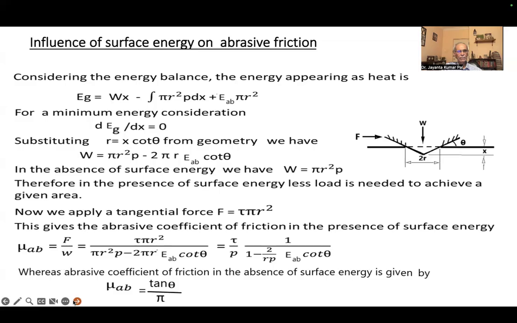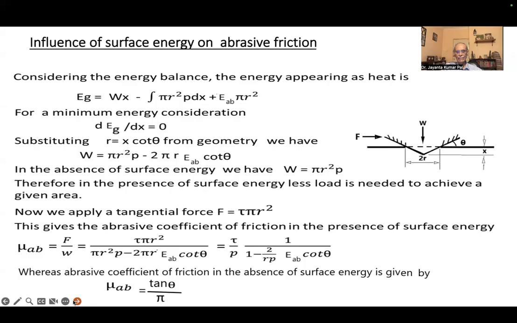In the absence of surface energy, that means if we let EAB be 0, then we have W is equal to pi r squared P. Now P here is the hardness or the plastic yielding stress. So obviously, when it is digging into a softer material, there will be plastic yielding.